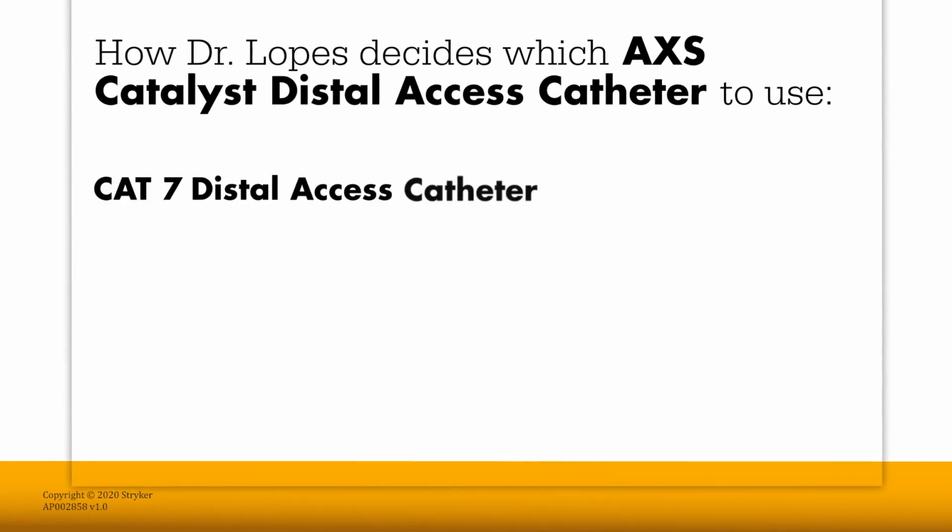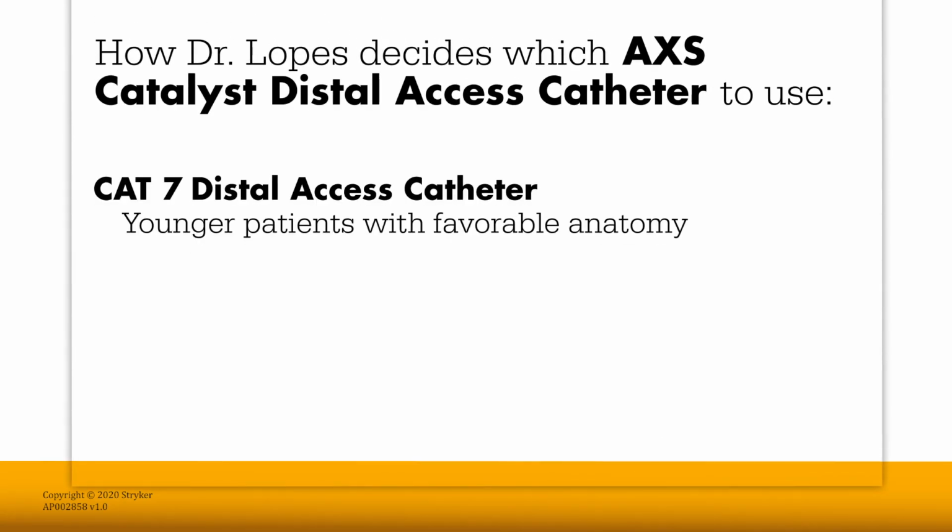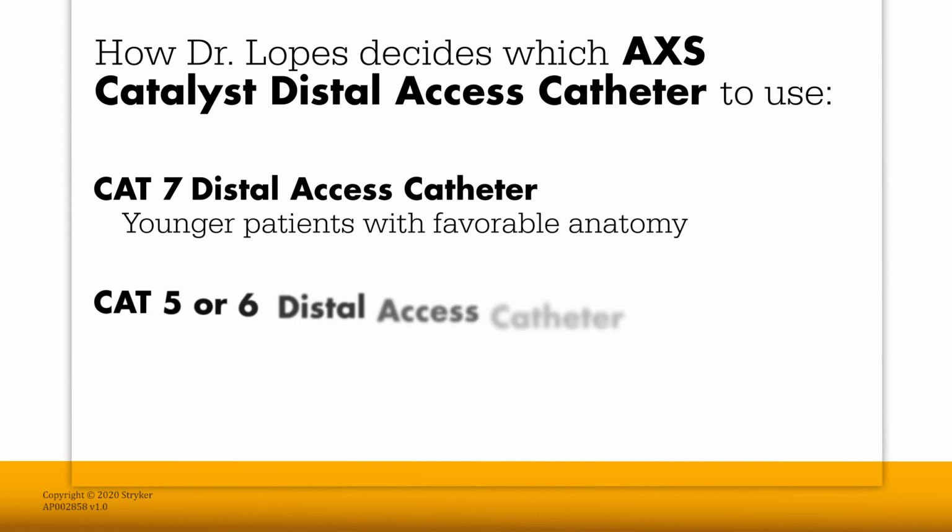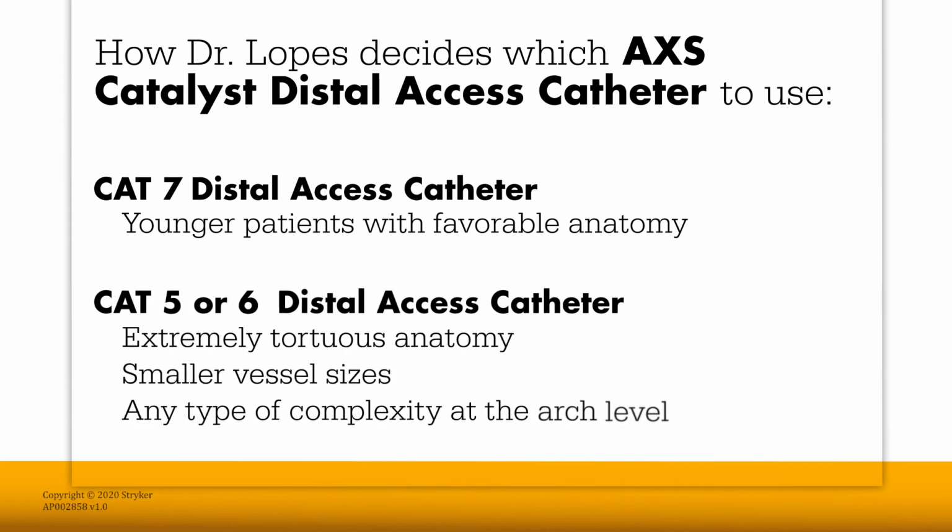In relatively younger patients with anatomy favorable for navigation, we tend to go with the Cat 7. The reason to choose a Cat 6 today would be extremely tortuous anatomy, the size of the vessels, and any complexity at the arch level. All those things may make me more inclined to use the Cat 6 over the Cat 7.